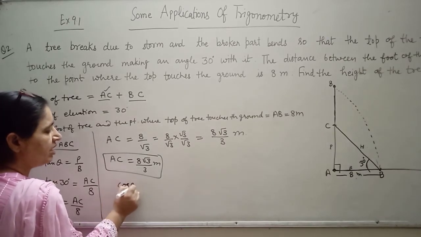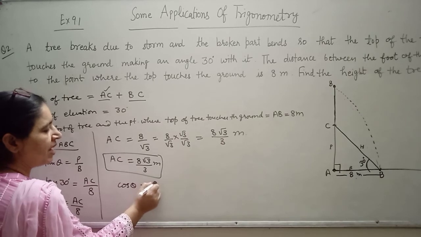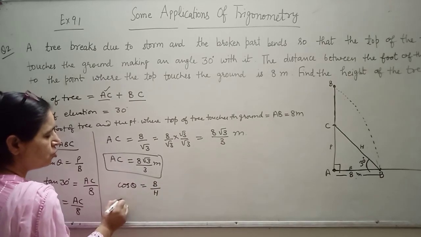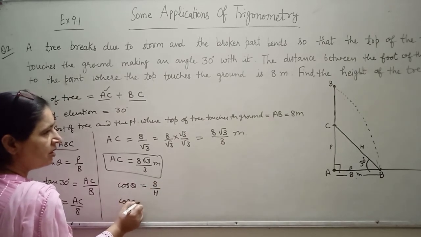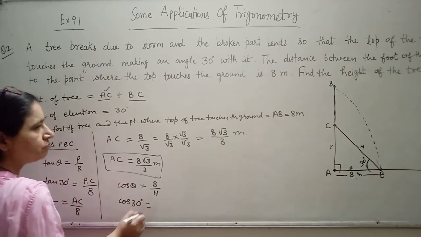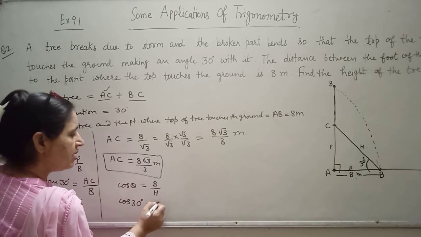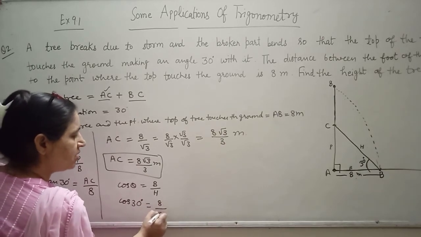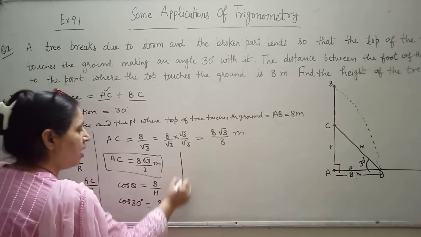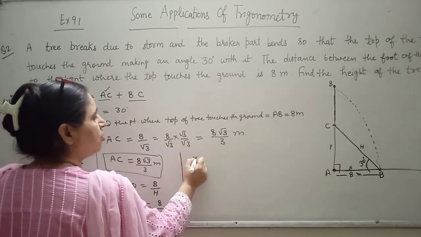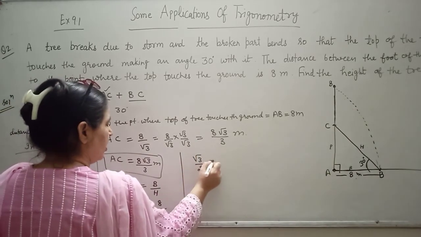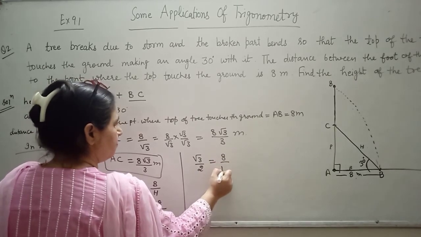So cos theta is equal to base upon hypotenuse. So cos 30 degree is equal to base 8 upon hypotenuse BC, we are to find out. Now cos 30 we know is √3 by 2, equal to 8/BC.